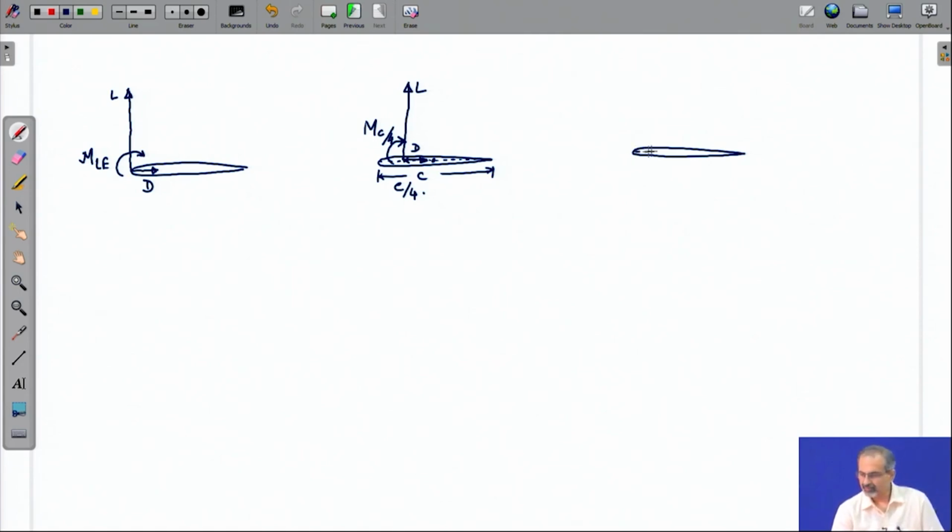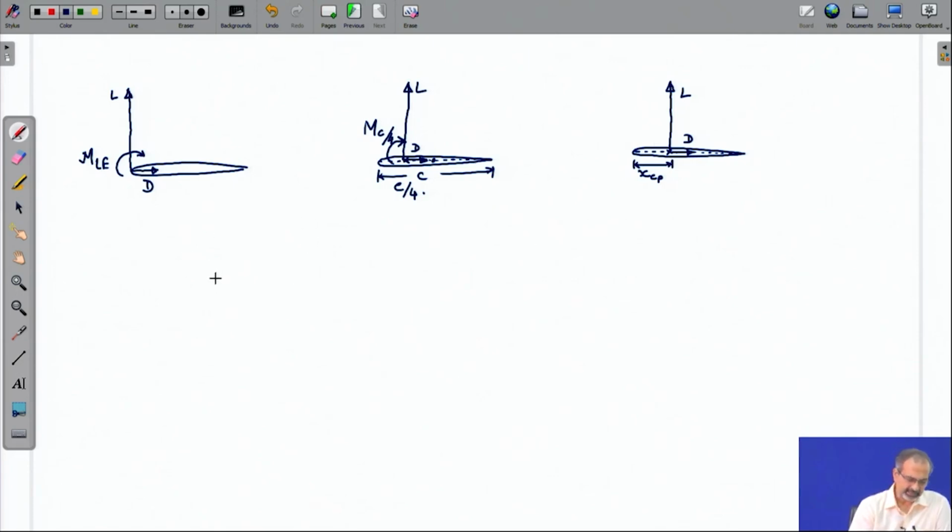And then finally, we will consider a case where the forces are at x Cp. So, corresponding to the angle of attack, whatever be the value of lift, accordingly the x Cp gets defined, like we saw in the earlier slide.